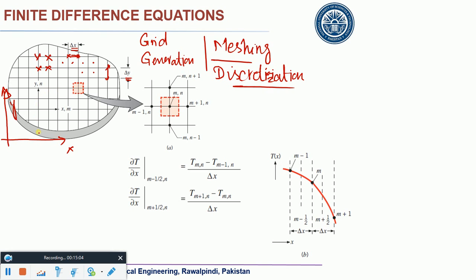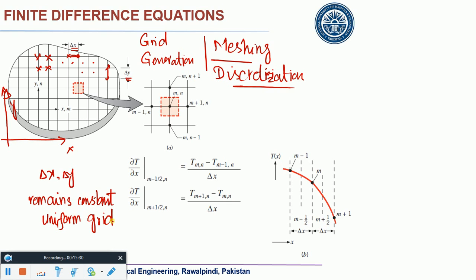If delta x and delta y remain constant, they do not change their values over the whole grid, you would have a uniform grid.